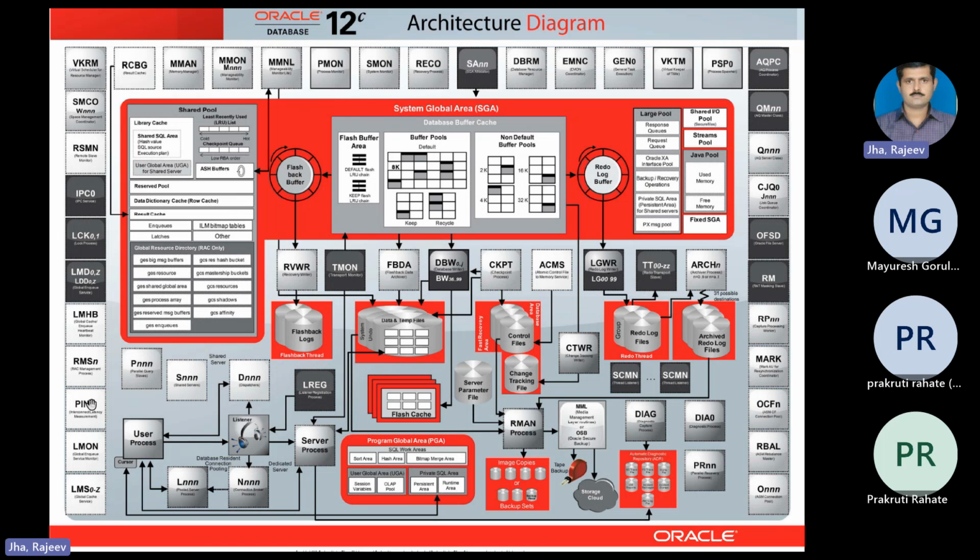These small ones you can see are the background processes. Whichever background process you can see with a fixed line boundary works as a process. The ones in the dotted line can work as a process or maybe a thread. Got it? So that's how you can see it, but we have only one instance, and these are all the small components.